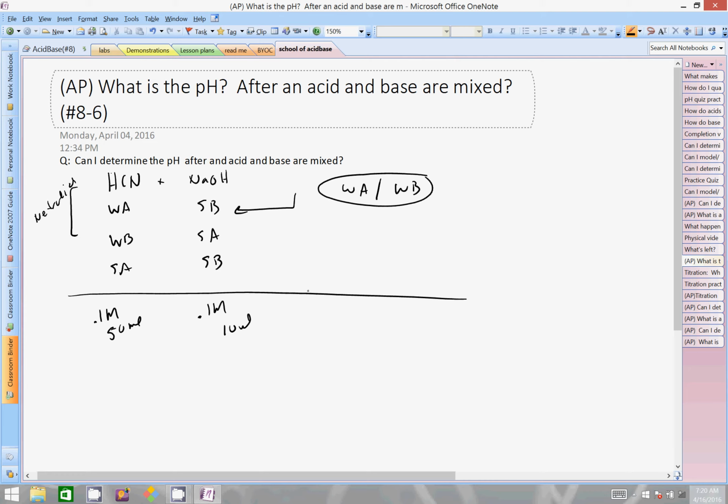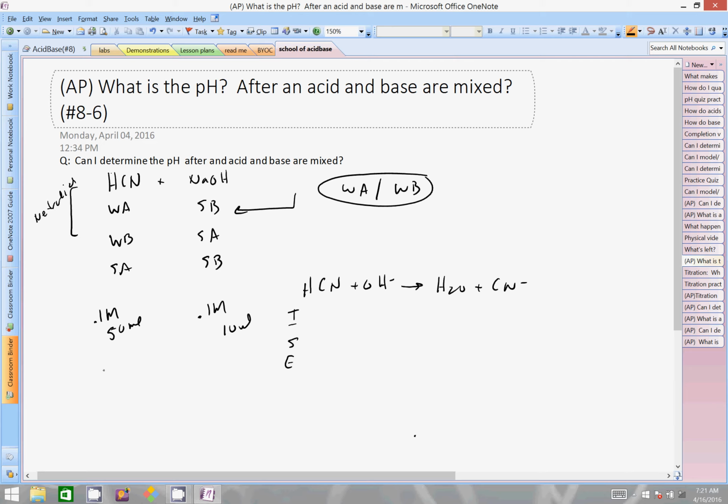I should be able to write out the equation for this, which is going to be HCN plus OH negative yields H2O plus CN negative. Note I'm doing the net ionic equation there. It's pretty common, and I like to do moles here. I think you have to do moles. But you should realize that in this case my acid is going to be in excess.